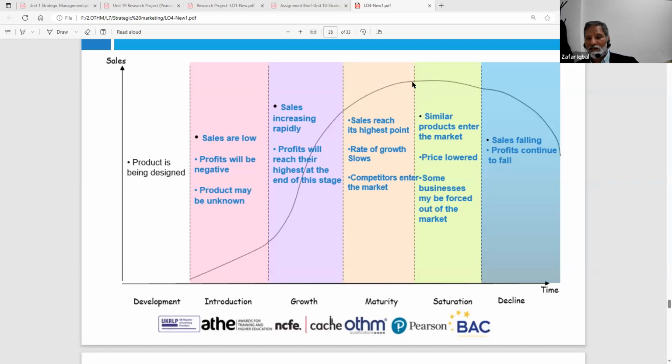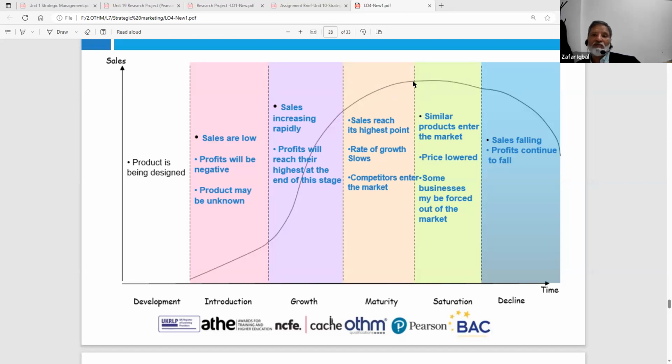The sales reach their highest point, beyond which they cannot increase because people have bought them, people have known about it, people have spent money. But then it will go slow, right? The rate of growth slows down, and the revenue falls a little bit.